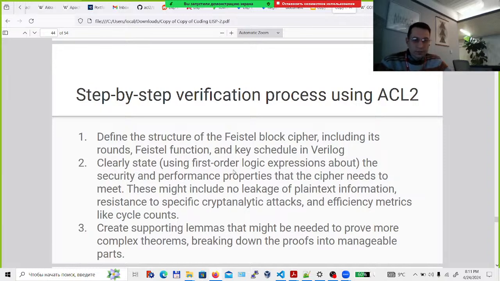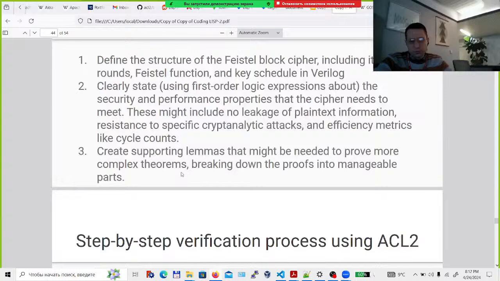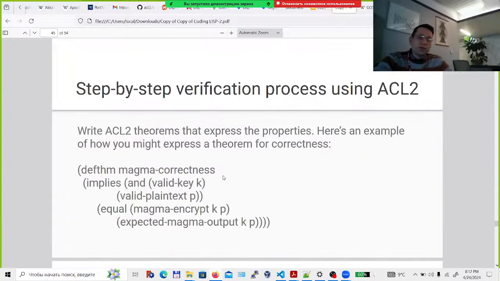Create supporting lemmas that might be needed to prove more complex theorems, breaking the proofs into manageable parts. That's why we formally verify some permutations embedded inside the Verilog, inside ACL2. For example, write ACL2 theorems that express the properties.